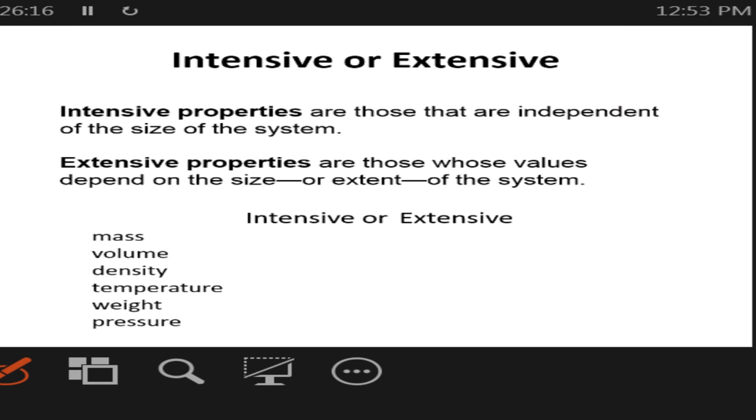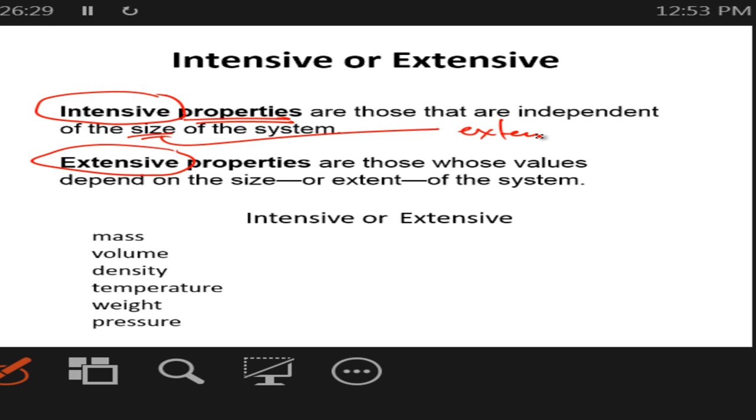Intensive and extensive. These are definitions of properties. It describes a type of property. If it's intensive, it does not depend on the size or extent or mass of the system. And if it's extensive, it does depend on the size or the extent of the system. The test is you start with something and you cut it in half.